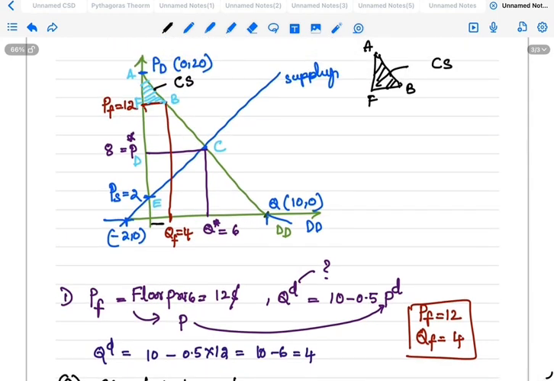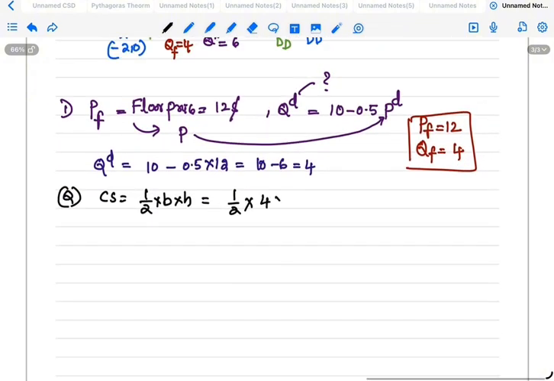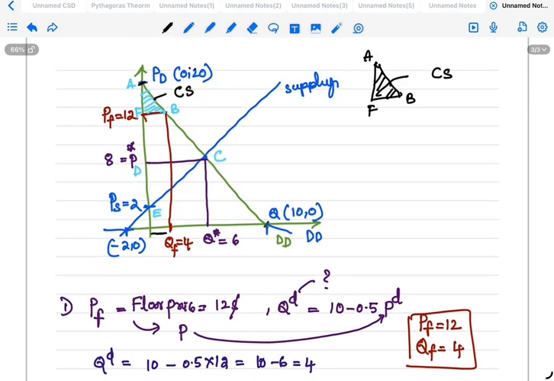This value is 4, and this value is 20 minus 12, so half times 4 times 8, that is 16. The consumer surplus is 16.